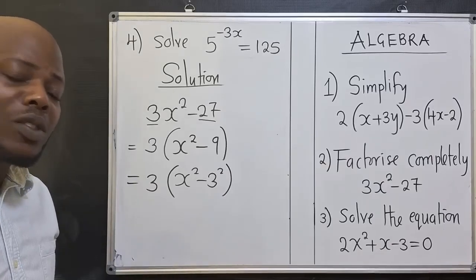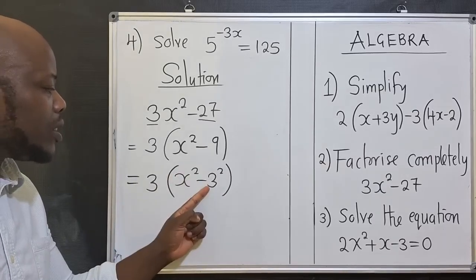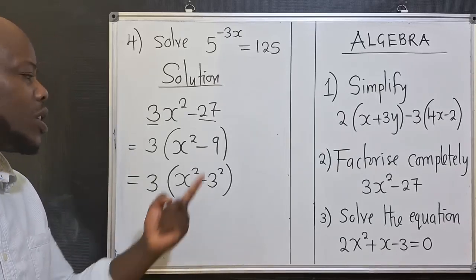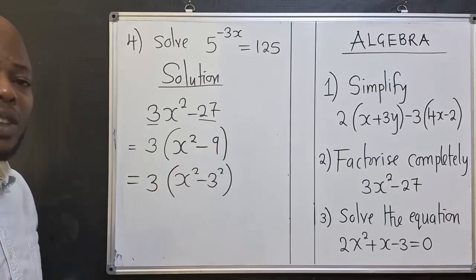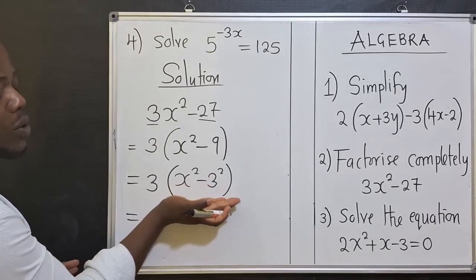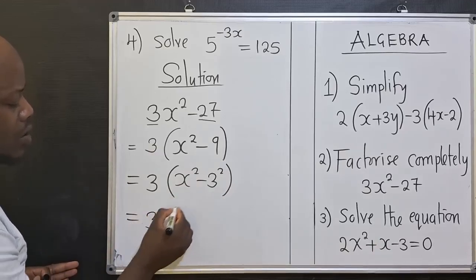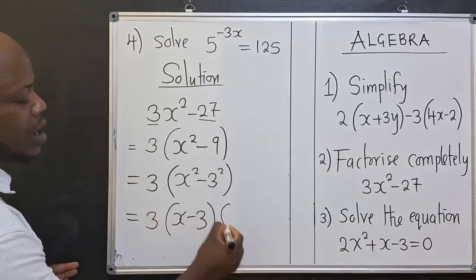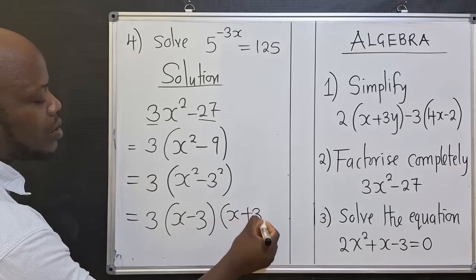I've not changed anything. I've just written this as 3 to the power 2. I know that 3 to the power 2, that is 3 times 3, will give us what? A 9. It's the same. And this is what we call difference of two squares. What we're going to do inside here, it will be x minus 3, x plus 3.